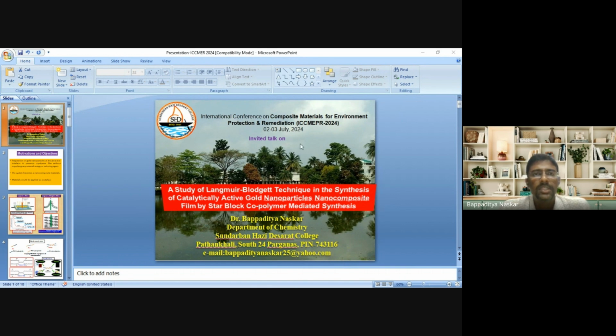Before going to details, we studied the protonation behavior of these two Tetronics. Basically, this is potentiometric titration, from where we can determine the pKa1 and pKa2 values, as two types of protonation are possible. In both cases, although the PEO-PPO ratio is different and the arrangement is also reversed, the pKa1 value is very close, around 4, and the pKa2 value is almost 8.